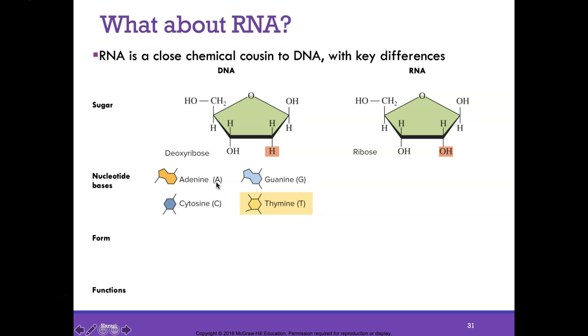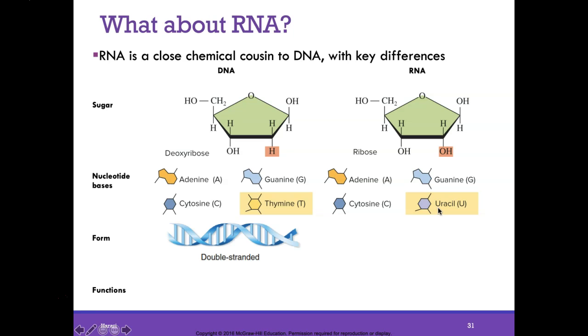We said DNA has A, G, C, and T, where adenine and thymine are complementary to each other. But in RNA, there is no such thing as thymine. There's only uracil instead of thymine. So adenine matches up with uracil in RNA. That's important. Where DNA is usually double-stranded, RNA is generally single-stranded.